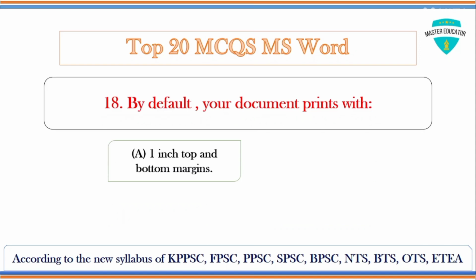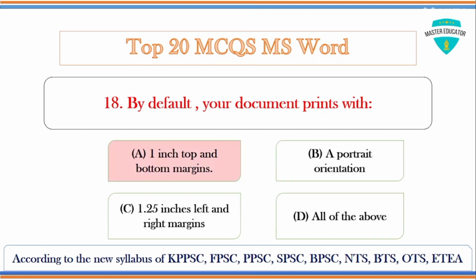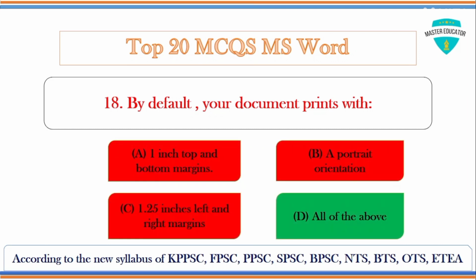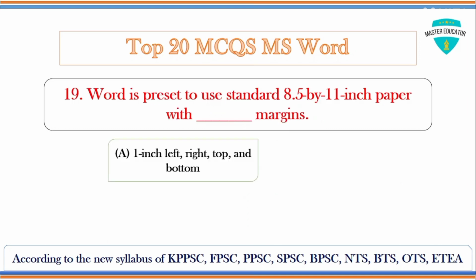MCQ number 18. By default, your document prints with option A 1-inch top and bottom margins, option B, option C, and option D. The correct option is option D. The options A, B, and C all are by default print settings of a document. 19 MCQs. Word is preset to use standard 8.5 by 11-inch paper with dash margins.